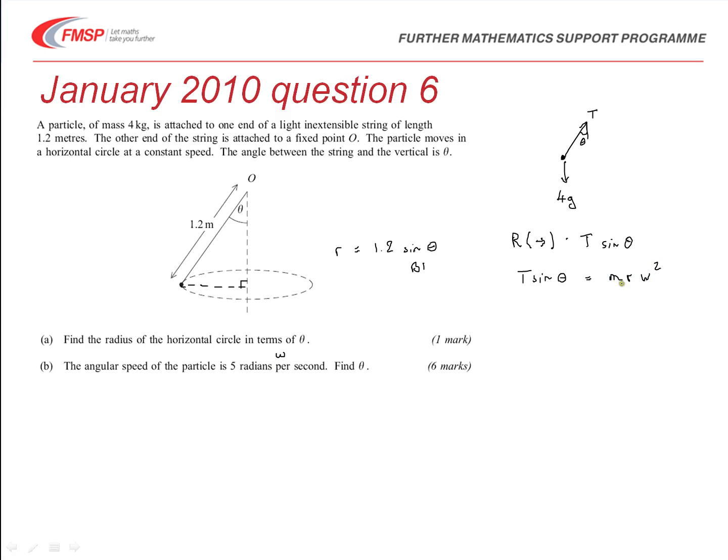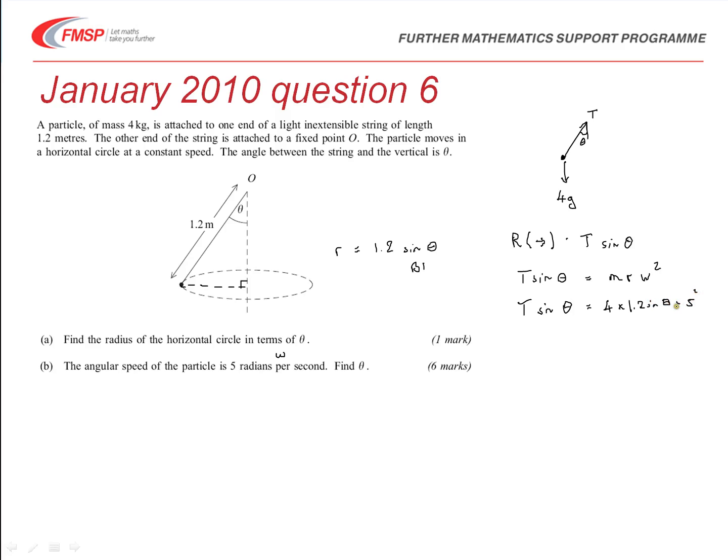Now we know m, we know r, we know omega squared, so we should now be able to do some appropriate substitution. So T sine theta equals 4, and r is 1.2 sine theta, and omega is 5, so that gives us 5 squared.